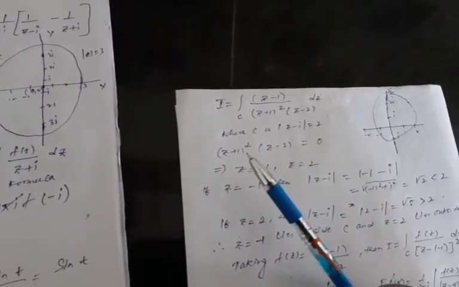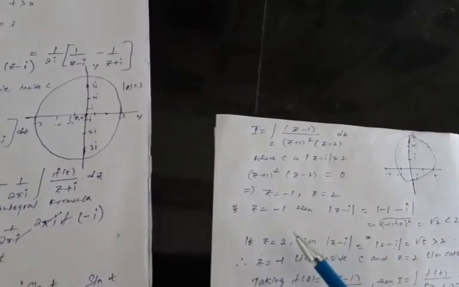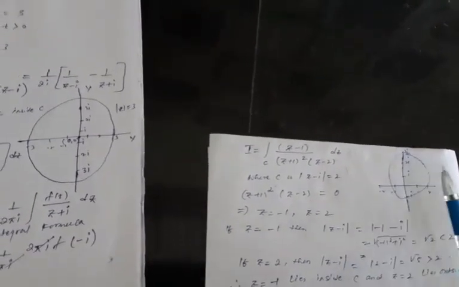So in order to find its interior points, or we can say alpha, we have to equate the denominator equal to 0. So (z plus 1) square into (z minus 2) is equal to 0. So from here we get z equal to minus 1 and z equal to 2. There are 2 points, minus 1 and 2. Now we have to check whether these 2 points lie inside this circle or not.